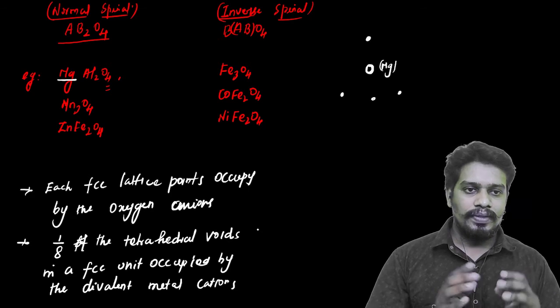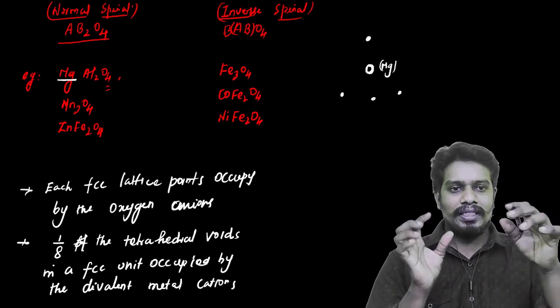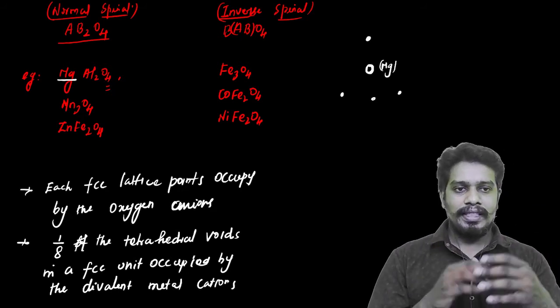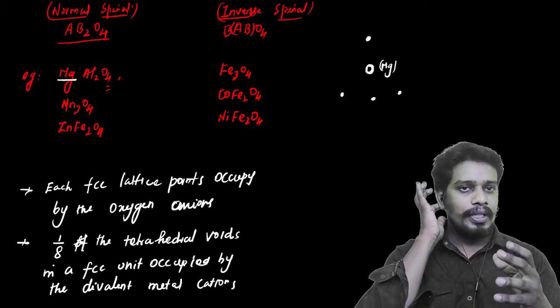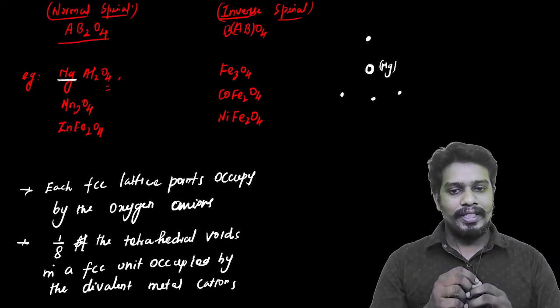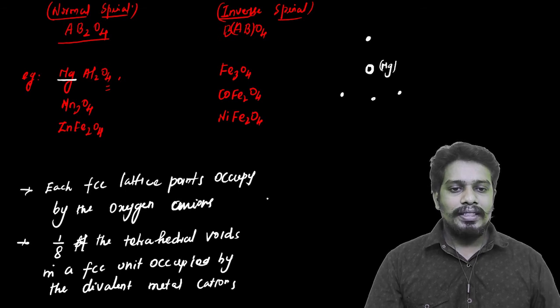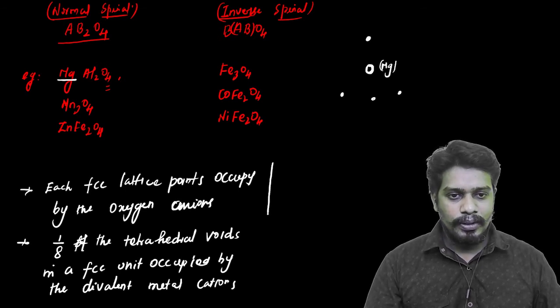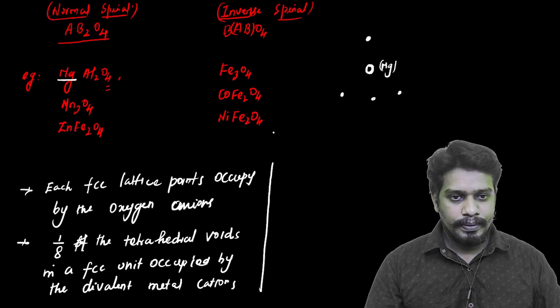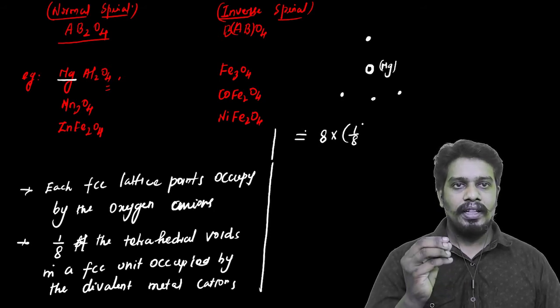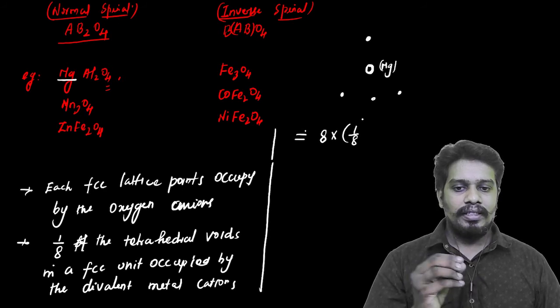So this is one of the examples, because if you look at the FCC structure, it will look like that. Suppose I will show in the third slide how the tetrahedral voids look. I have told you there are 8 FCC structures, and in each FCC structure a 1 by 8 fraction is occupied by the divalent metal cation.